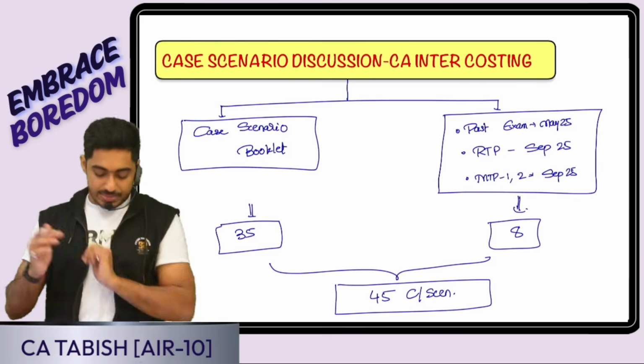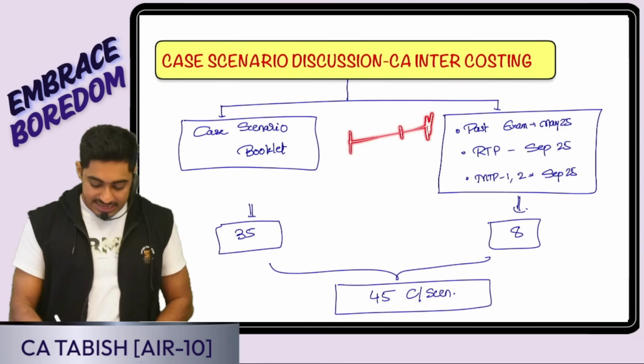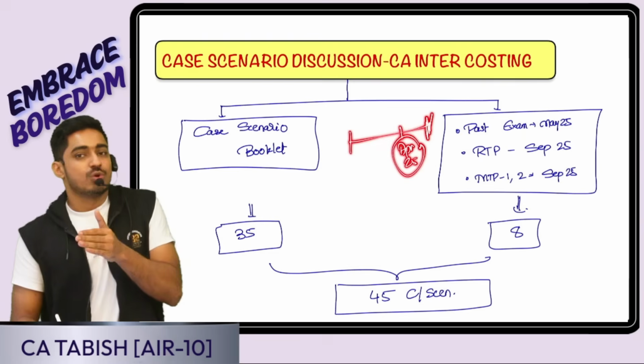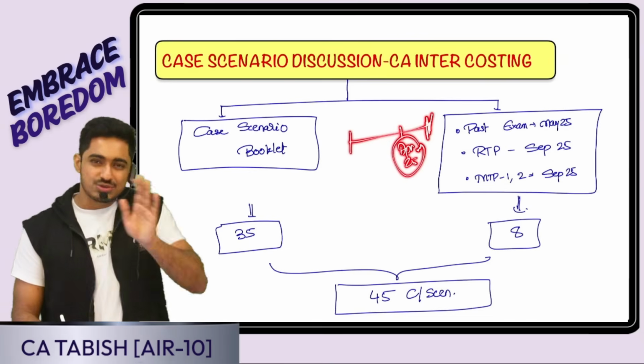Whatever case scenarios were there till April 2025, the institute has compiled in the booklet, so you need not worry. Previous RTPs, MTPs, and questions from previous exams are already compiled.